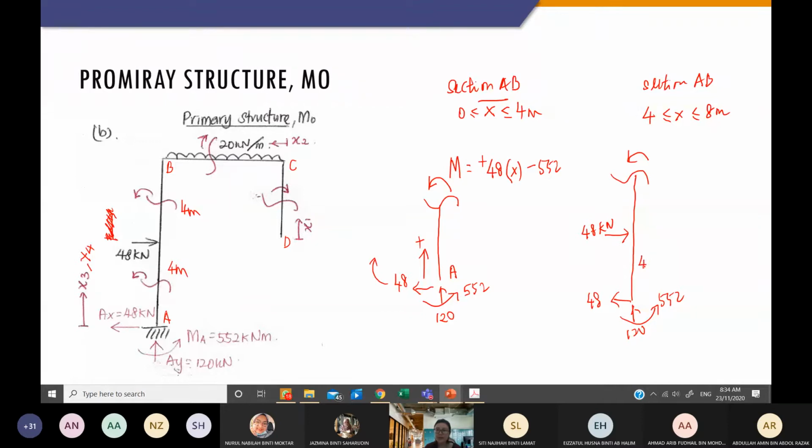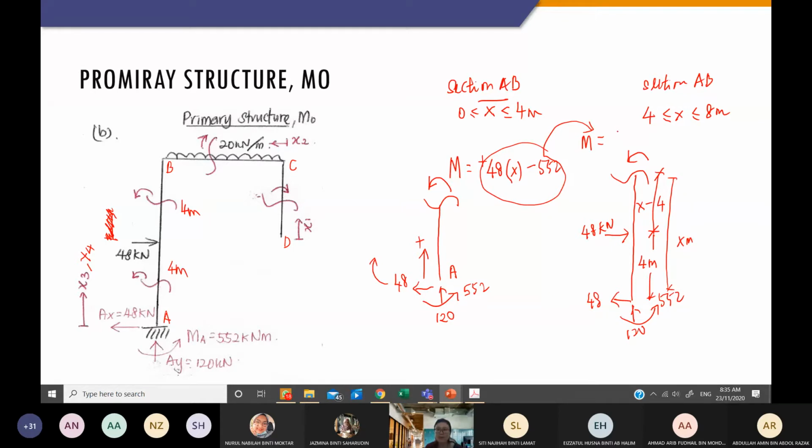This is 4 meter, the total is X meter, and from here to here is X minus 4 meter. Now I have gathered all the information, and I can get my moment here. Because there is nothing special here, you can actually copy everything to here, because you can see that it will be the same.